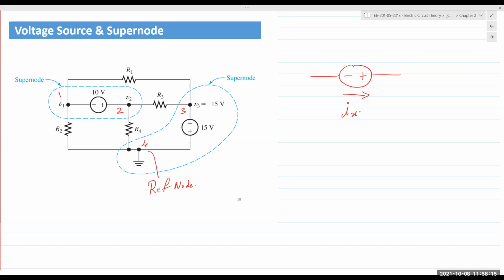So what we'll do is apply KCL at either end of the voltage source. If I apply KCL here, I can write Ix is equal to this current IR2 plus IR1. That makes sense, right?